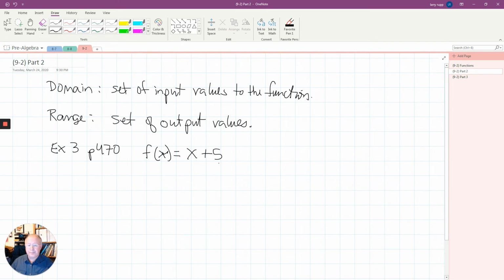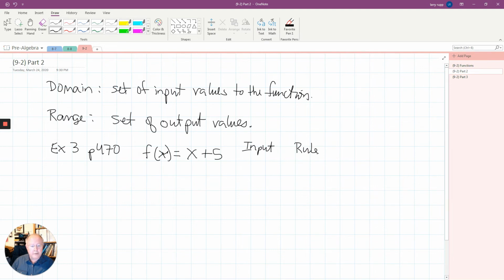All right, so what does a function table look like? Just like the DVD example we had, you had DVD and then you had cost. Well, the DVD was the input. Here we have an input, and the function rule that we have is simply x plus 5.